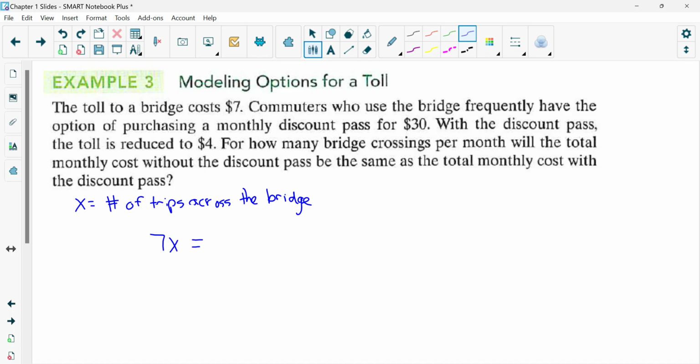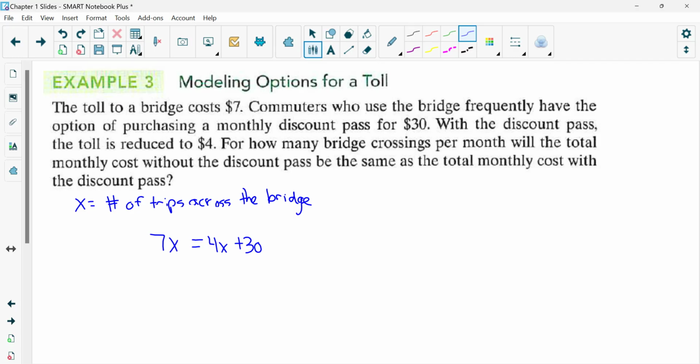The other side costs me $4 every trip, so that would be 4x, but we paid ahead of time to get that $4 per trip, so plus 30. We had to pay $30 in advance to get $4 every trip. So we get our equation: 7x equals 4x plus 30, because we're trying to see how many trips across it will take for them to be equal in value.